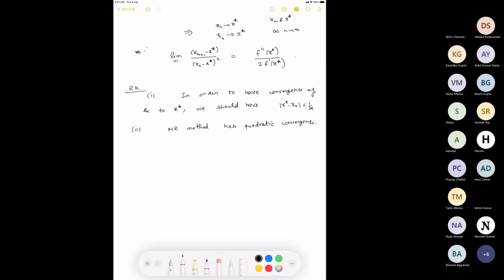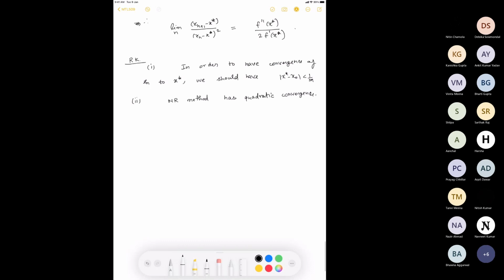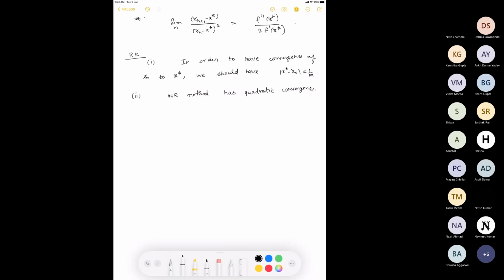So we have seen that this is a nice method. And one more important thing is that if you are able to get hold of the correct x naught, then this method will converge very fast, because you are having quadratic convergence. Compared to the bisection method, this is going to converge very fast, meaning that for a given tolerance, you will be able to reach that tolerance in very few iterations as compared to the bisection method. This is one of the major advantages of this method. So let me just list it out.